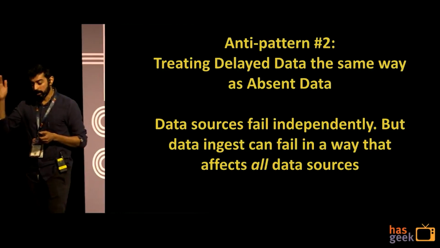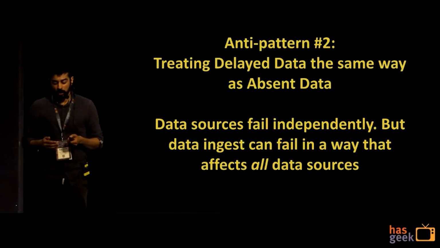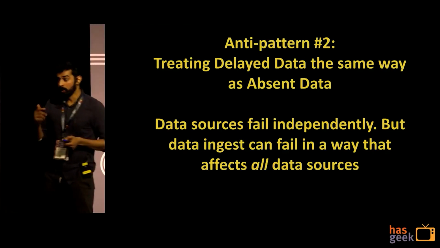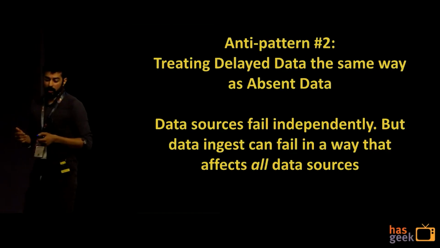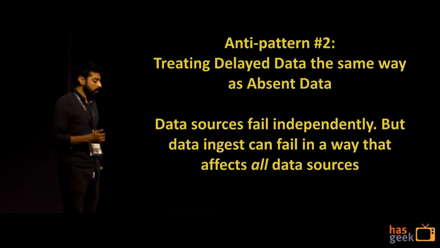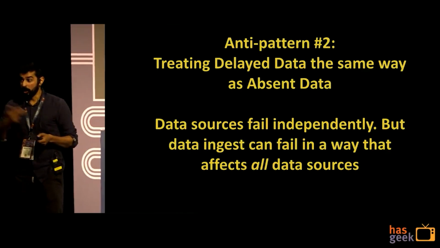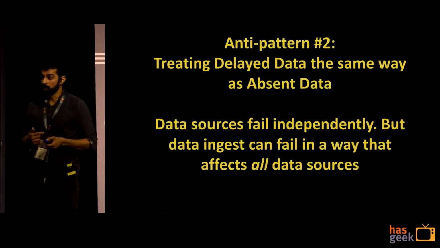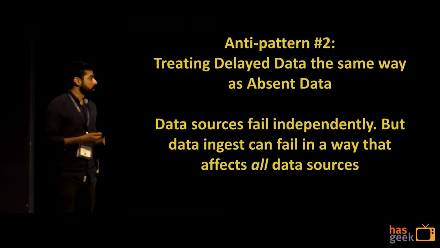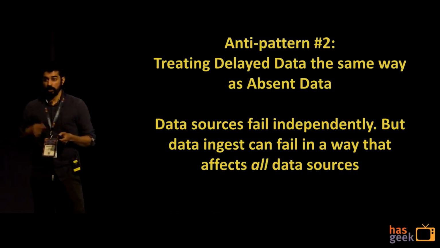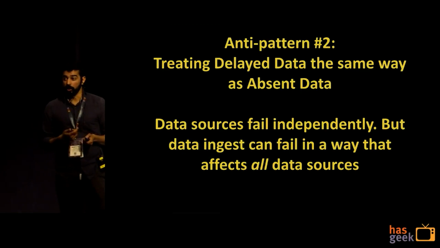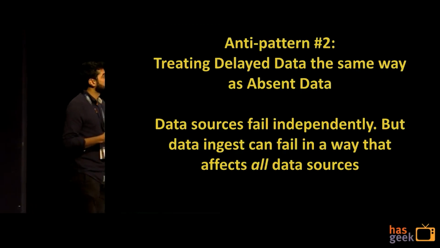But when there's systemic delay in your actual pipeline, you experience this in a way such that all data sources are affected. And if you can't differentiate between these scenarios, and if you treat delayed data in the same way as absent data, you're going to enter this vicious cycle all the time, because you're going to trigger these transitions and trigger these feedback loops that are just not going to help your system and are going to give it a very hard time in recovering.